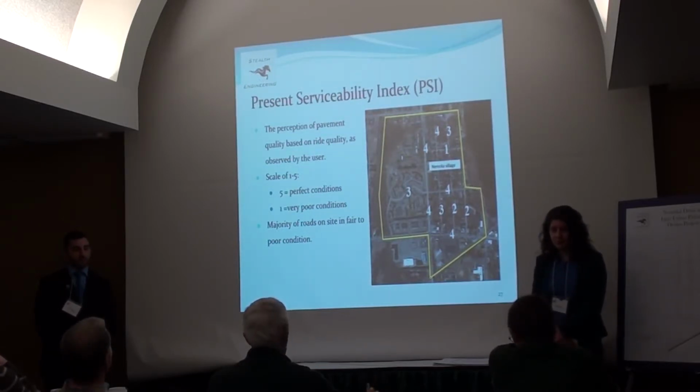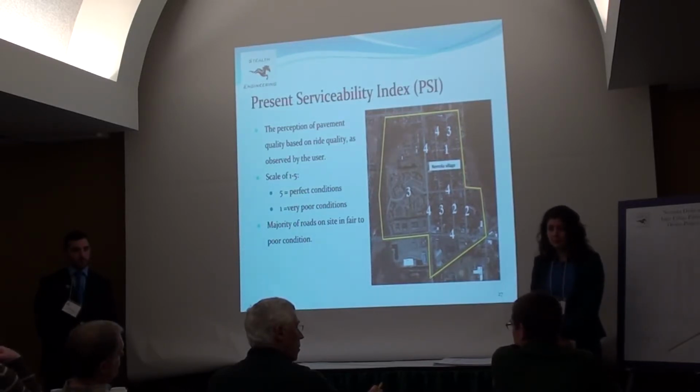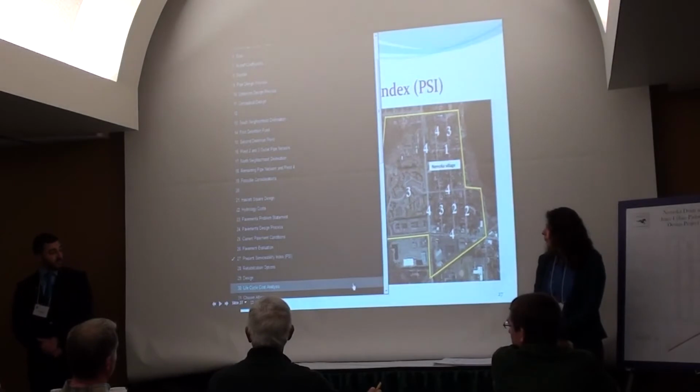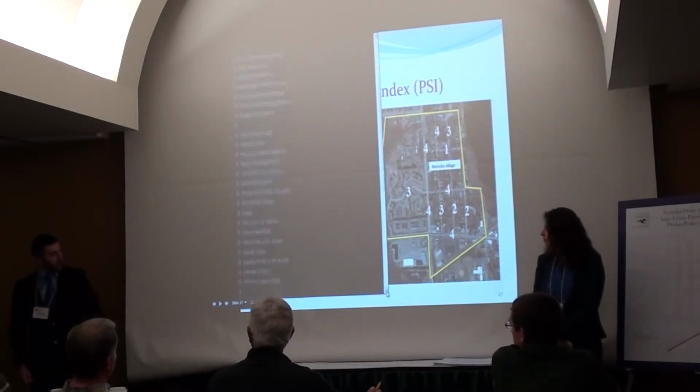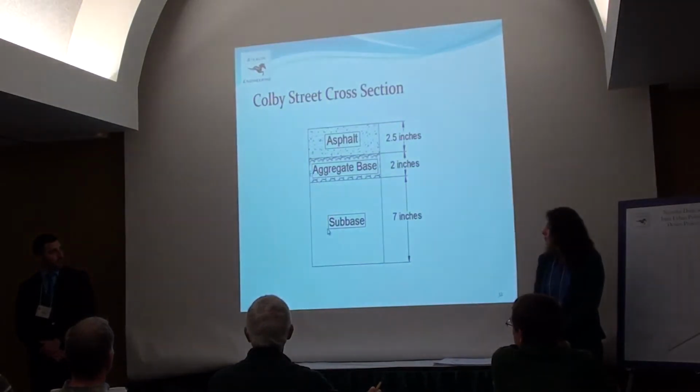Okay. Your new design for Kobe Road, the one that's currently not paved, I think you had a 2.5-inch HMA. Is that consistent with the county's minimums? The county recommends a 5-inch HMA layer.